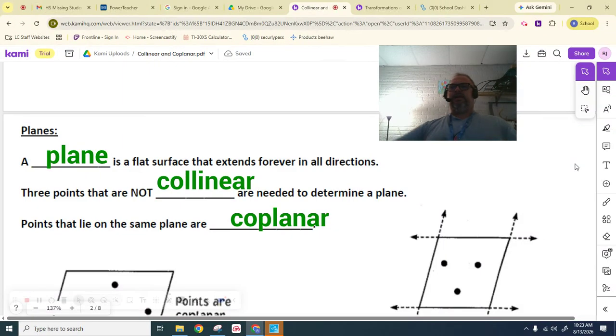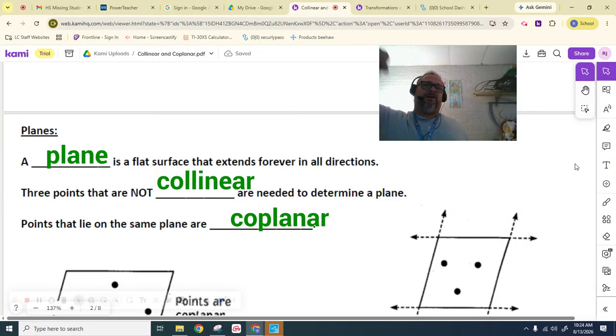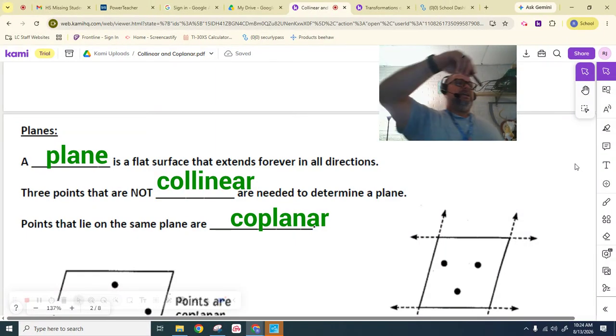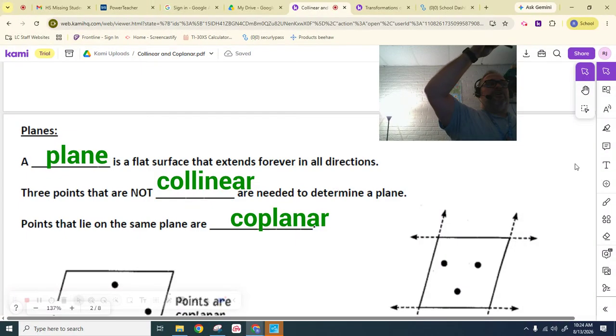Okay? So all the things you don't, now, 3 points that aren't collinear. Okay? 3 points that aren't collinear make a plane. If you look at all the groupings, either if you look at the people there or if you look at the desk, each group has 3 or more that are not collinear.